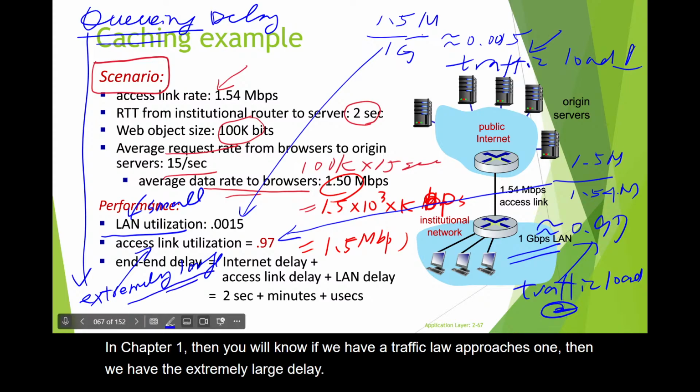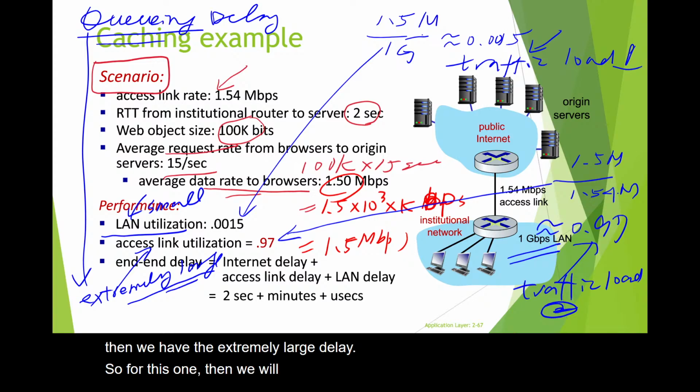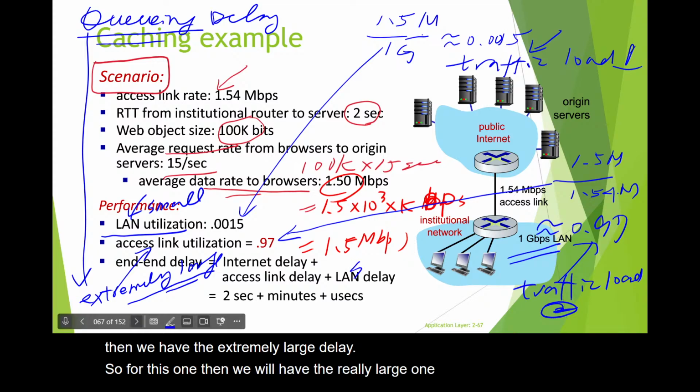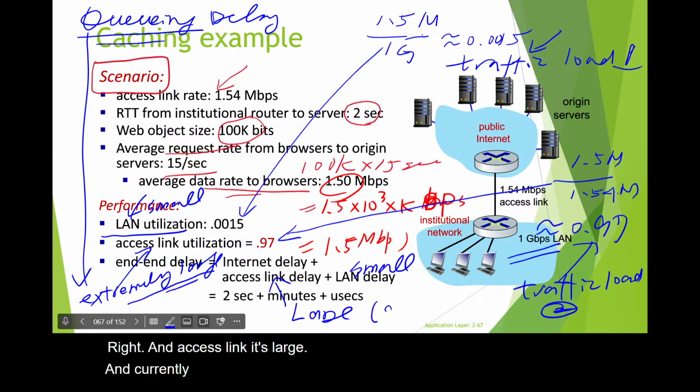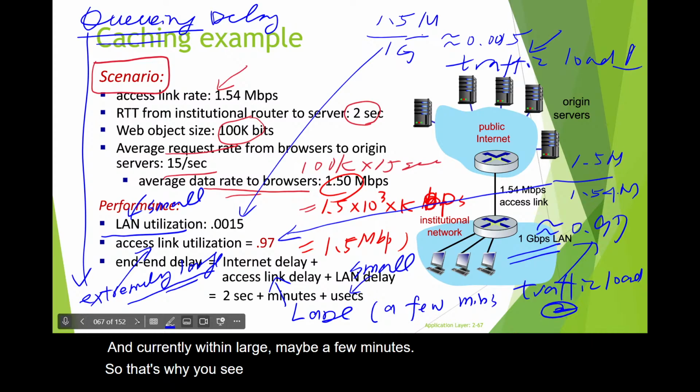So the LAN is small, and the access link is large, maybe a few minutes. That's why we set small to microseconds and large to a few minutes.